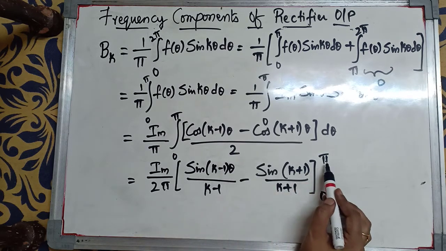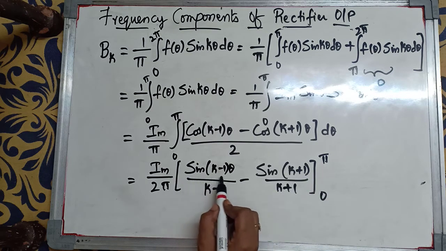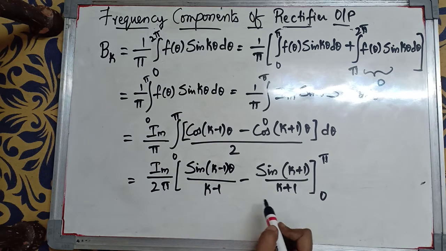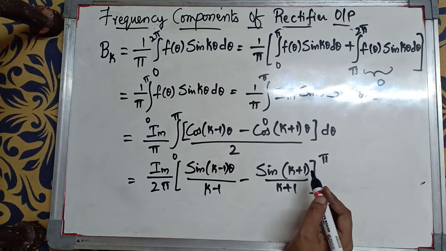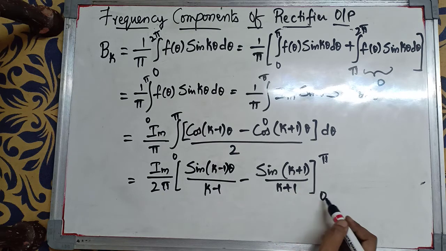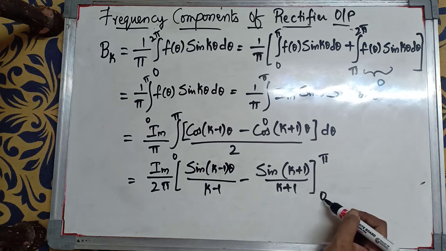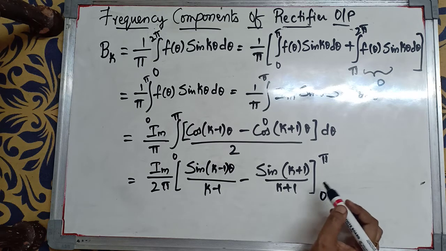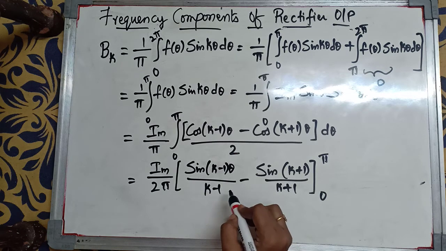Now when I substitute the limits, if I substitute pi, we will get sine of k minus 1 into pi, and here also we will get sine of k plus 1 into pi. So when we substitute the values, whether it is the sine pi values or for 0 values, we will get 0 whether k is an even number or an odd number.